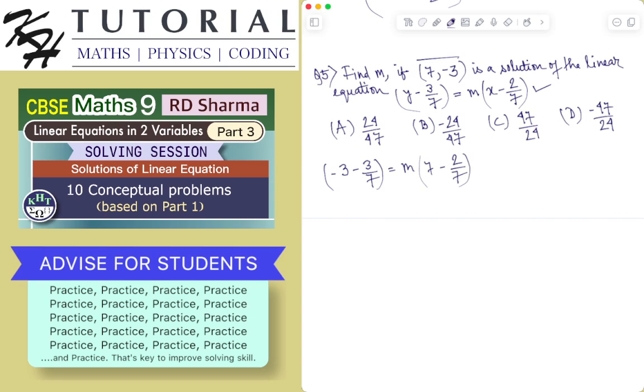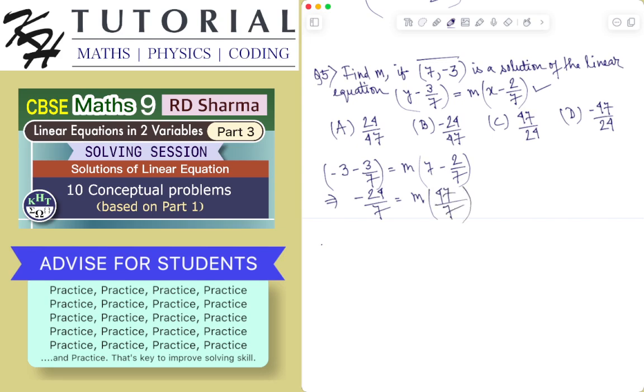Okay, now I have to do a little bit of simplification. Minus 3 minus 3 by 7 will be minus 24 by 7 is equal to m, and 7 minus 2 by 7 is (49 minus 2) by 7, which is 47 by 7.